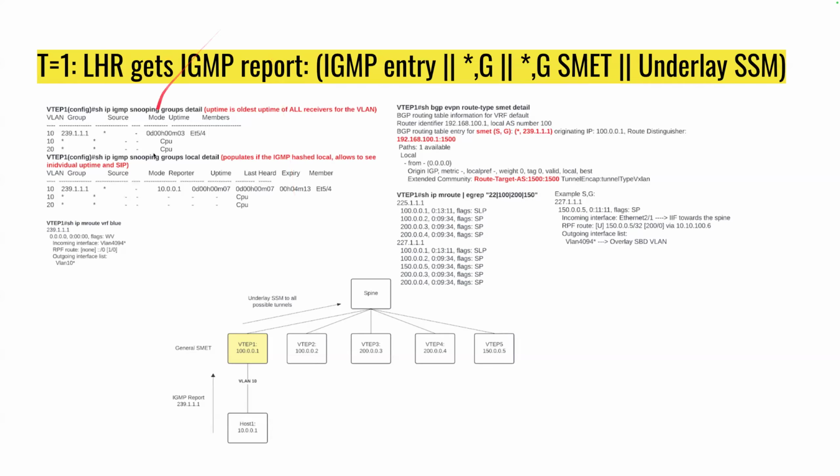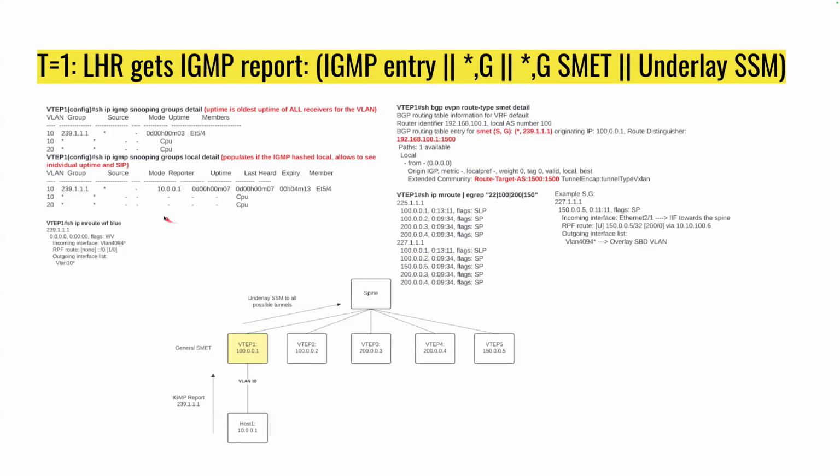All right, so let's see the flow again. Once the host comes online, it generates an IGMP report for 239.111, and we create a snooping entry in VLAN 10. We generate an EVPN route and send it across the VTEPs. That route will just have the L3 route target, and in parallel, it will also join the underlay groups.